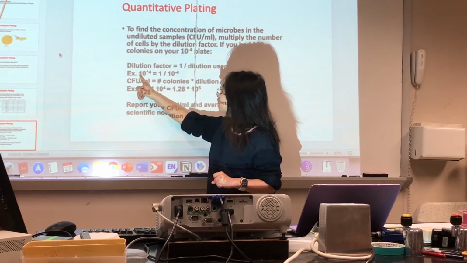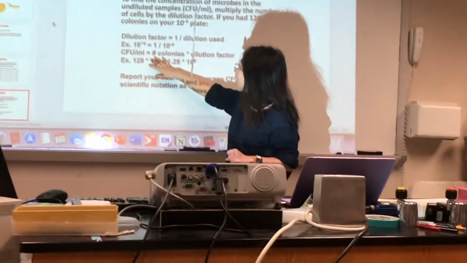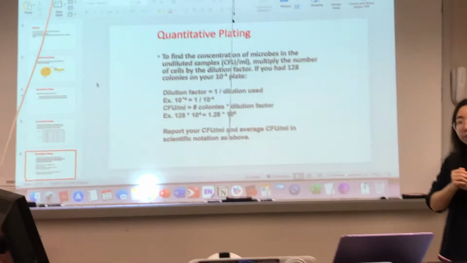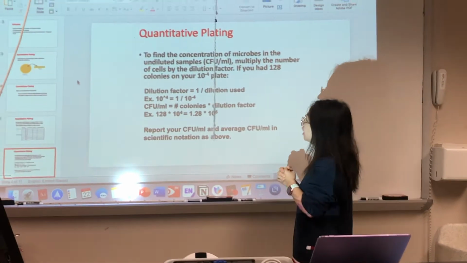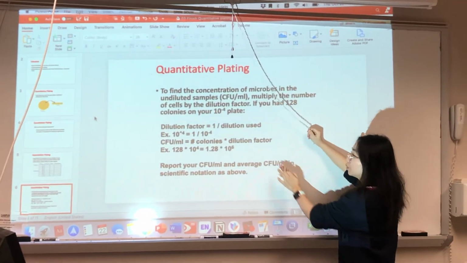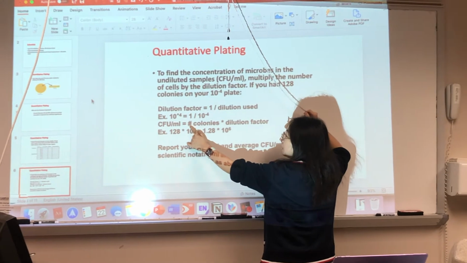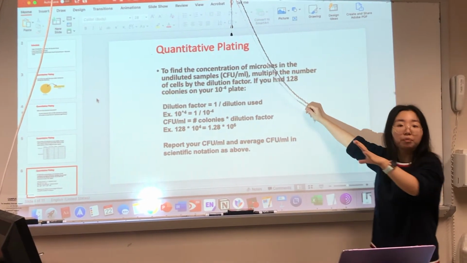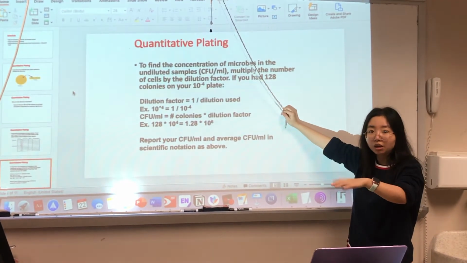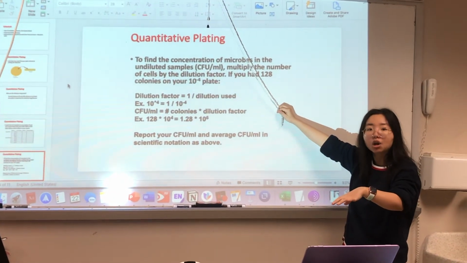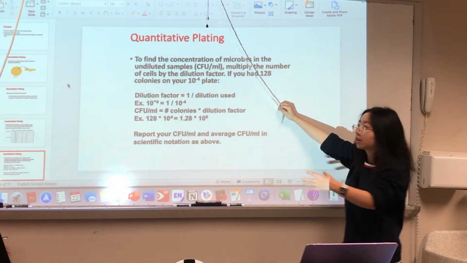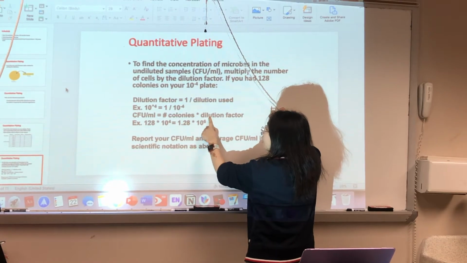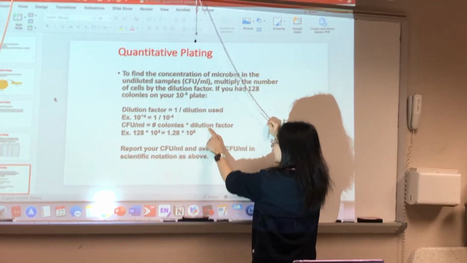For example, we have the CFU per ml concentration. That is the equation we keep in mind, and this is something I would like you to keep in mind. In this equation, the number of colonies you count from your plate should be between 30 to 300 for statistical significance to get the bacterial concentration. After you count the number of colonies, you multiply by the dilution factor.